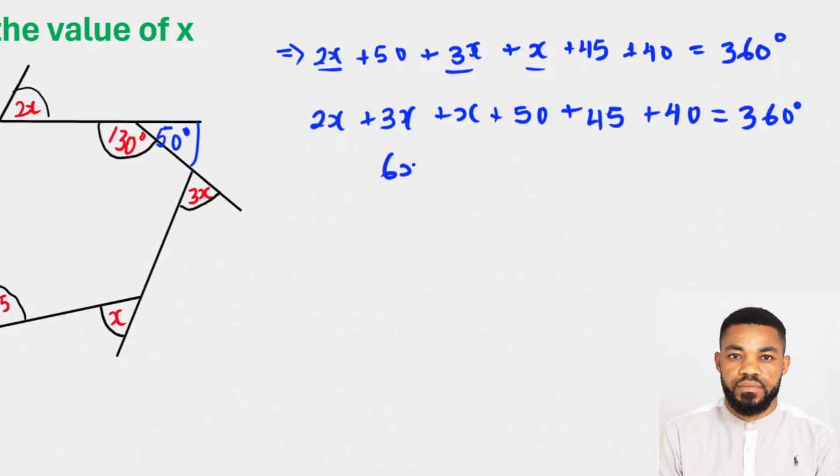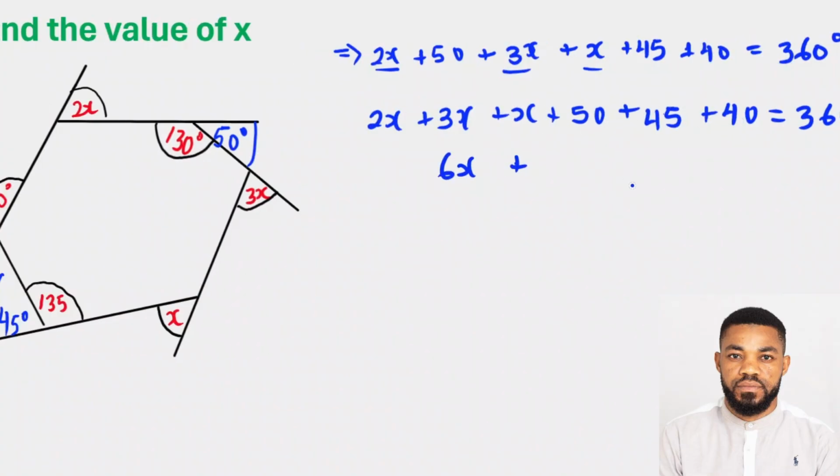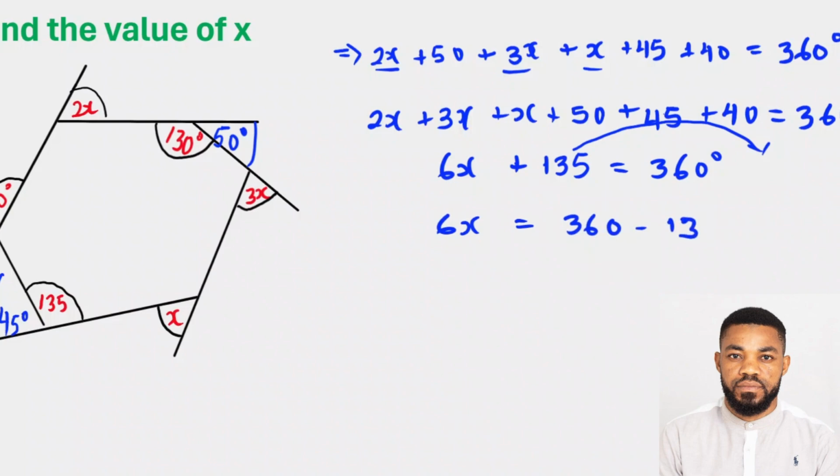That's going to be 6x. Let's add the numbers. 50 plus 45 plus 40, we're going to get 135 here, and that is equal to 360 degrees. So at this point, we can subtract 135 from both sides, or simply take 135 to the other side. So you're going to get 6x equal to 360 minus 135.